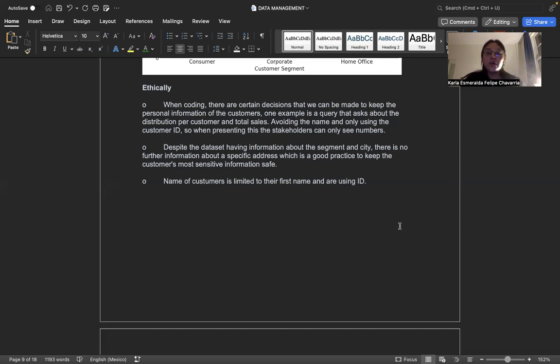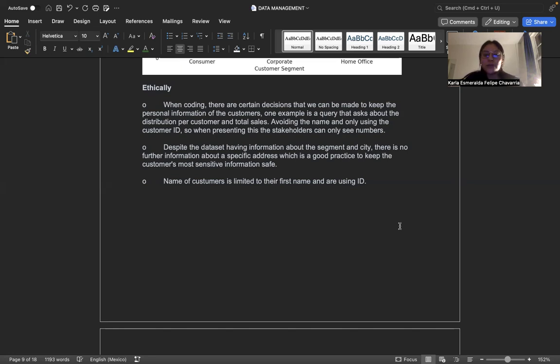So one ethical point that I saw in the whole data set was that there was only the minimum information for analyzing. There were no full addresses, no full names, and no other full or sensitive information about a customer. So it was only the information that they wanted to use for analyzing and nothing more. That's a very good practice because you limit the data that you have to avoid using sensitive information that could be used to harm someone.